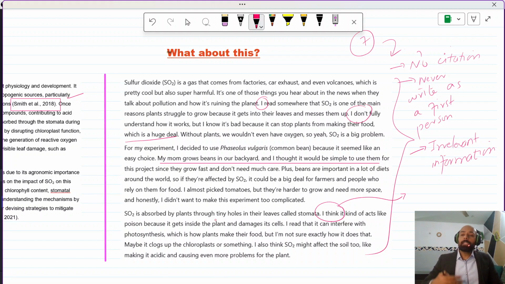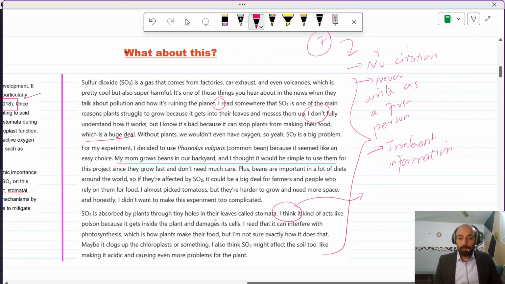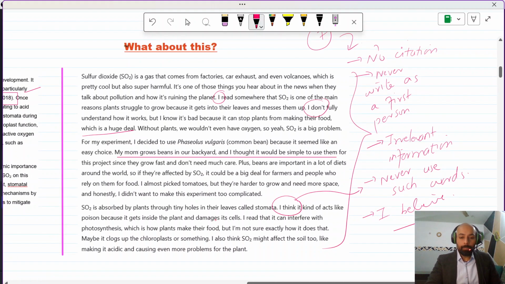And if you use ambiguous words like I think, the examiner will cut your marks. So avoid using I think. Never use such words. Instead you can write I believe over there, right?